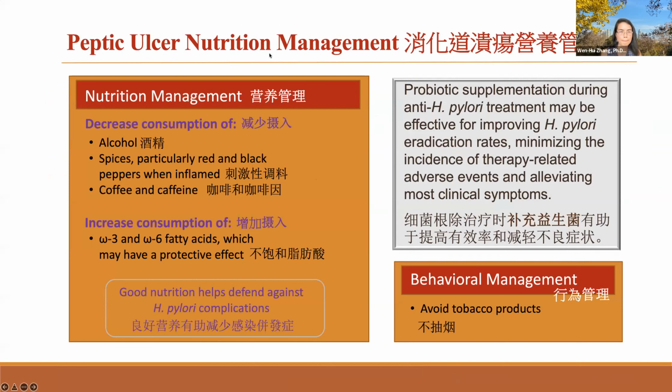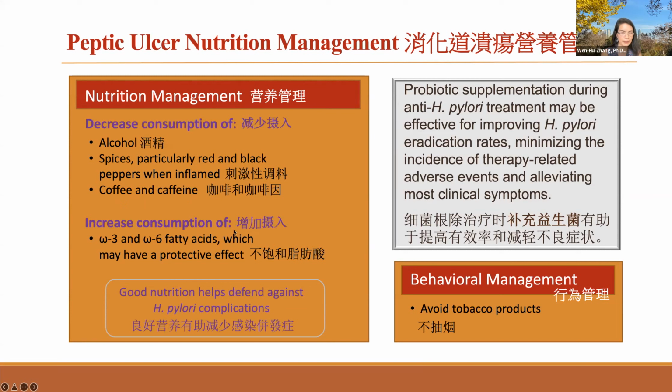So for the nutrition management of peptic ulcer, we need to decrease consumption of alcohol, spices, especially peppers, coffee and caffeine. The spices do not cause peptic ulcer, but they can worsen the symptoms.